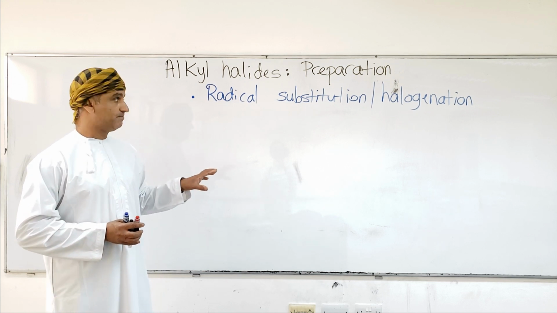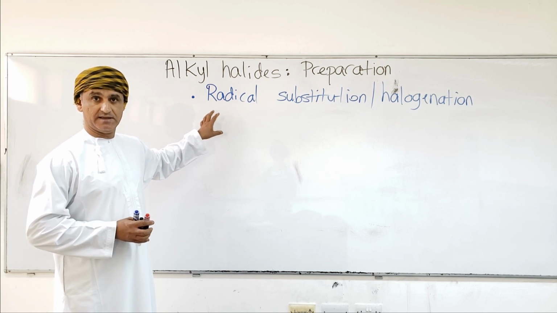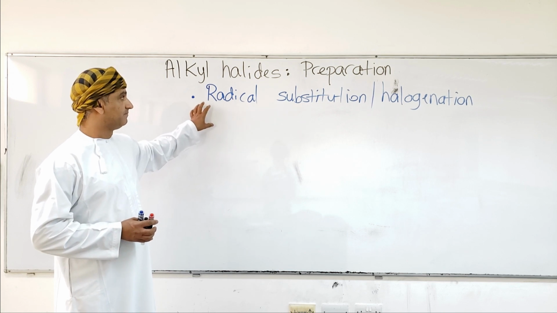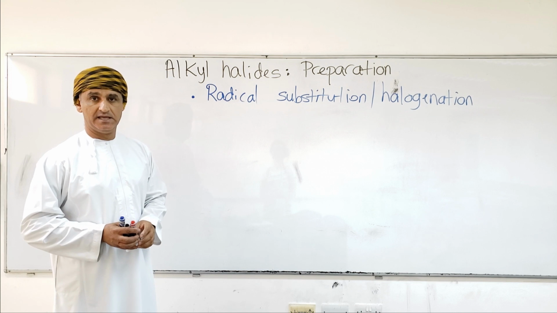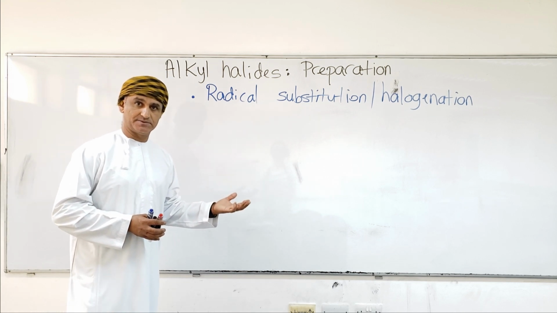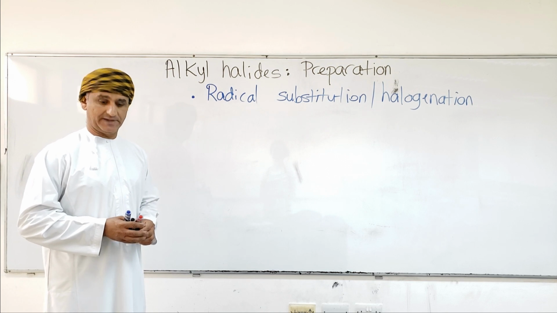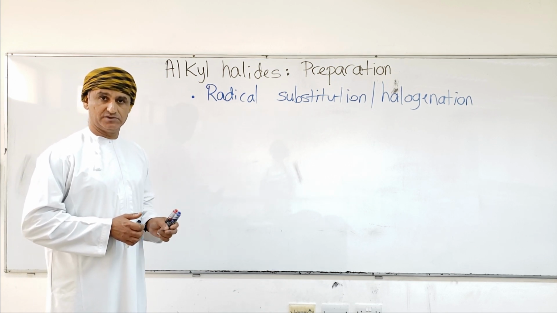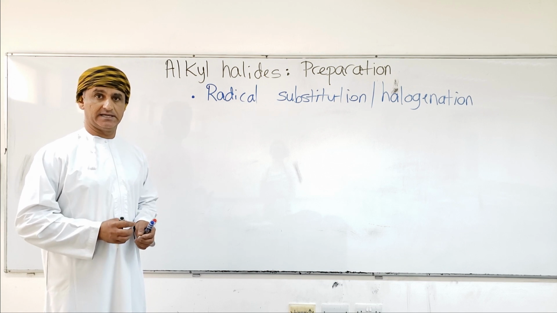In this lecture, we will discuss preparation methods of alkyl halides, and we begin with the first method, which is radical halogenation or radical substitution. When we say radical substitution, we refer here to radical substitution of alkanes. So alkanes can undergo radical halogenation in the presence of halogen and light to make an alkyl halide.